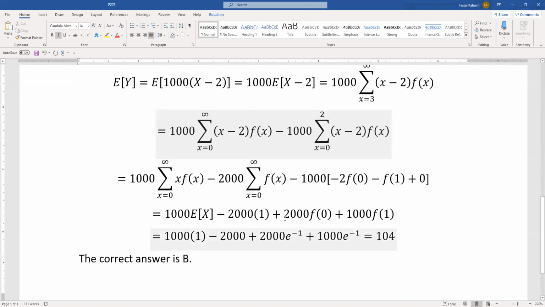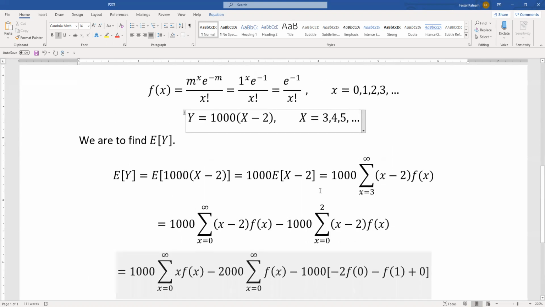And the reason why we did that, as I mentioned earlier, is that once you break it up, it will be 1,000 times the sum of x f of x, and this time negative 2 times 1,000, which is negative 2,000, times the summation of only f of x. And the summation of f of x from 0 to infinity means you are summing all the values of the probability function, and we know that they sum to 1.